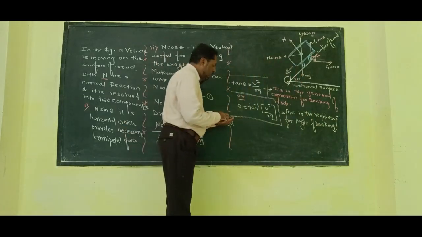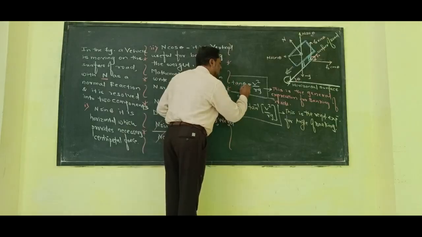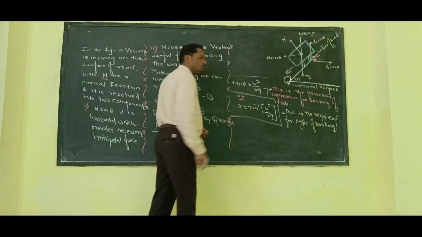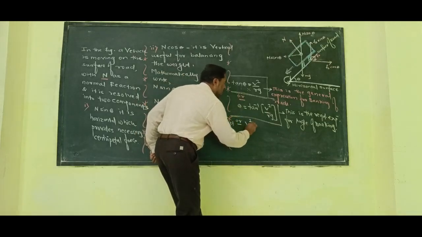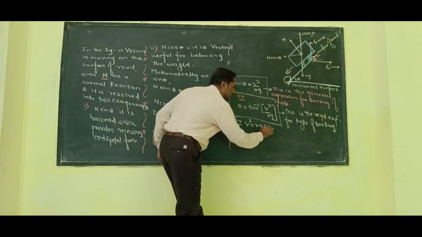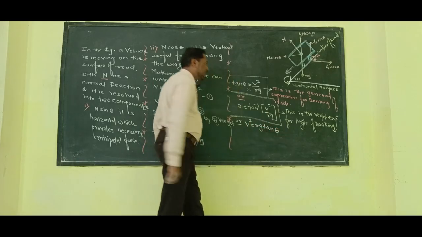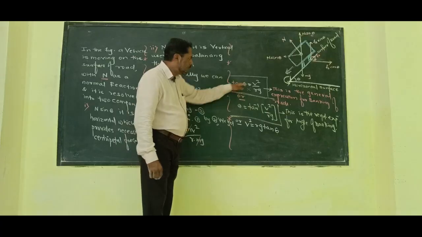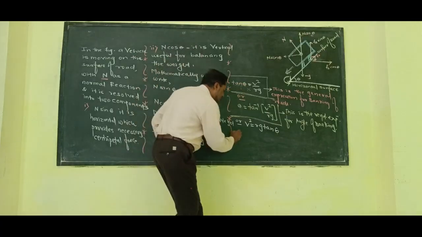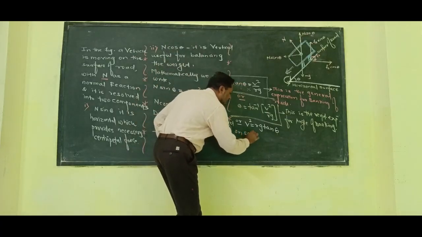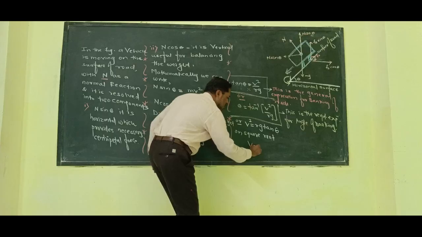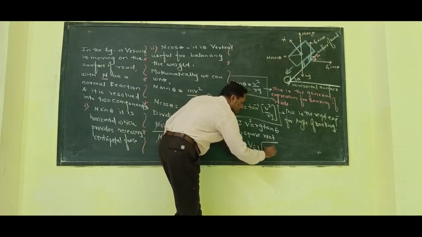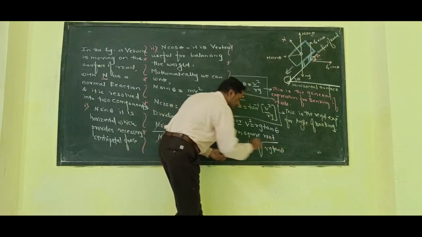If we take the cross product, we get v square is equal to rg tan theta. Taking the square root, we get v is equal to under root of rg tan theta.